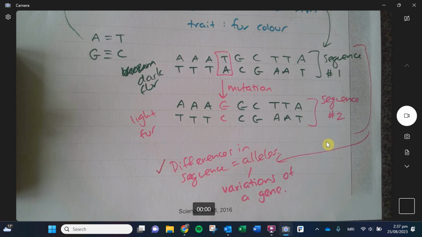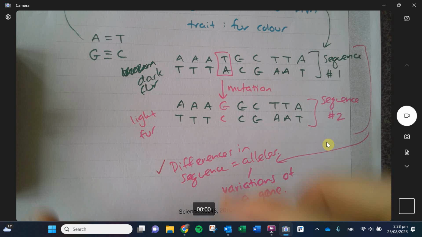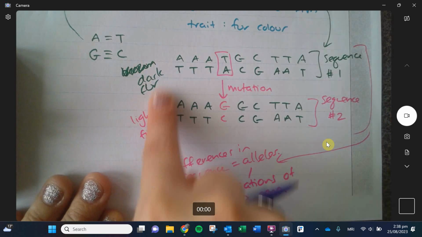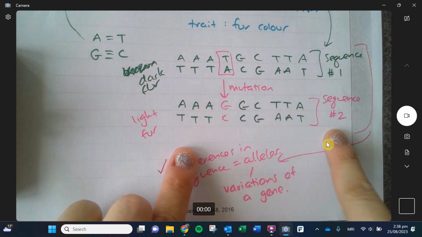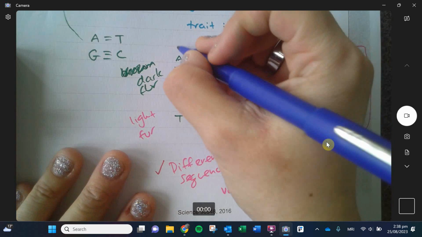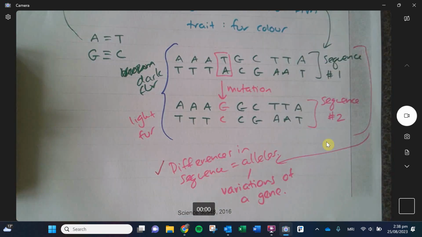Trying to see what they got. So in this case, if I want to move up to merit level, I like to do achieved in red, merit in blue, excellence in green. So I haven't actually explained what I mean when I'm looking at the DNA sequence and the fur color. So if I wanted to get this up to a merit level, I would be saying the different fur color is a result of the different sequence.